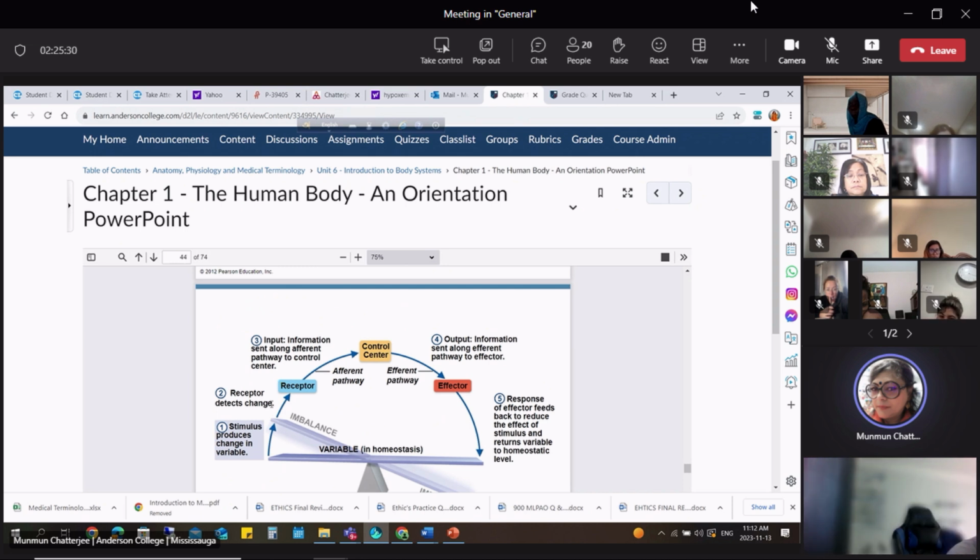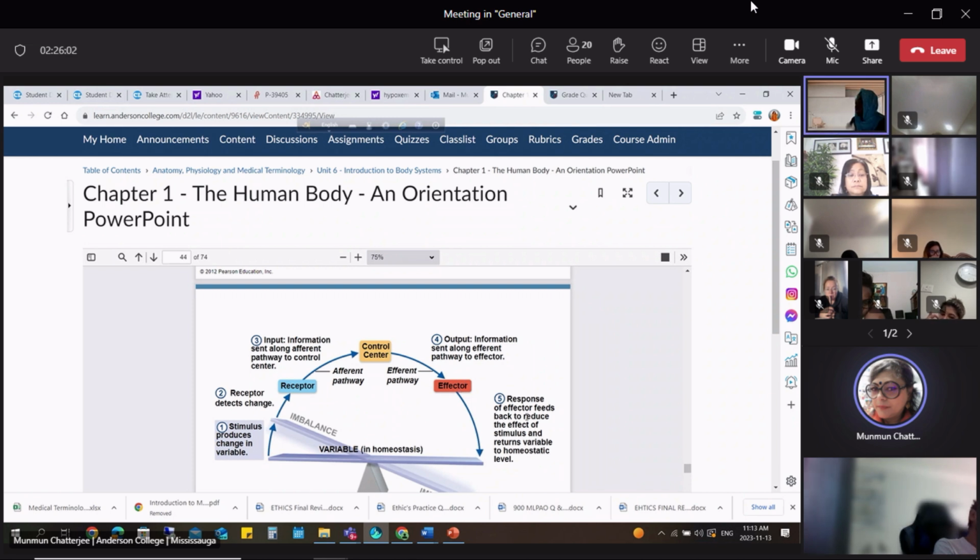Ultimately, this receptor, or the sense of stimuli, is going to the brain. That is the control center. And then the control center sends the instruction of what to do to the effector, whether it's in the digestive system, the circulatory system, the heart, the kidney or anywhere, or the endocrine system, to ultimately control and make the balance.